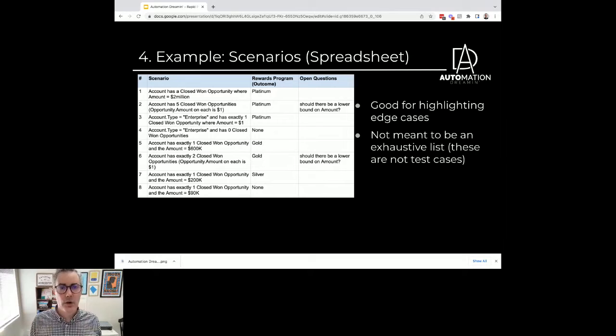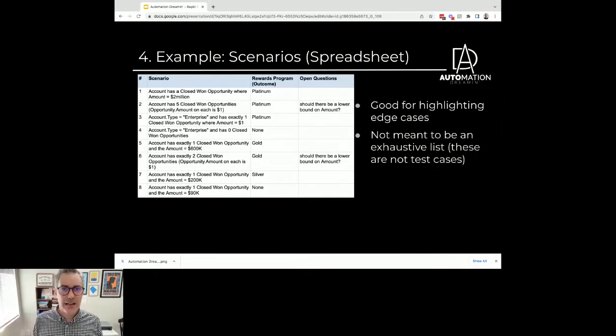I had mentioned earlier in our example that we're trying to put companies into buckets of a platinum, gold, silver rewards program. Our second example is we've got an account that has 5 closed opportunities. Wow, that's great.